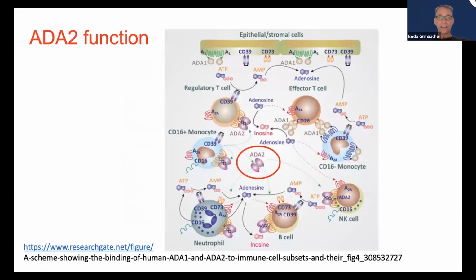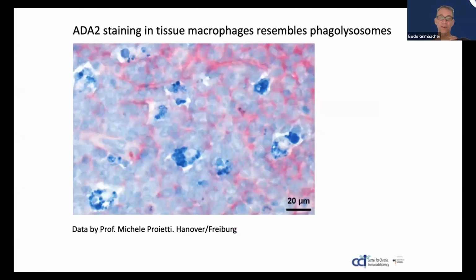If you're wondering what ADA2 is doing, we all know ADA1 from the SCID patients. ADA1 deficiency leads to SCID, and ADA1 catabolizes adenosine, and it's supposed that ADA2 does the same in serum, but it seems that it's not only doing that in serum, but also inside the cell. This is data from Michele, who was supposed to hold this presentation in the beginning, but then I took over.